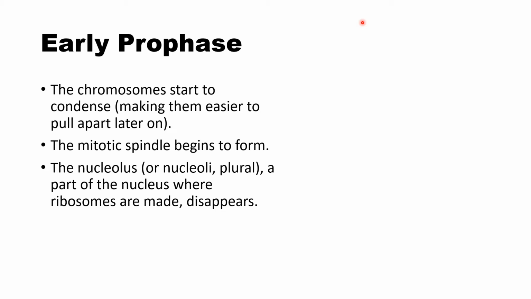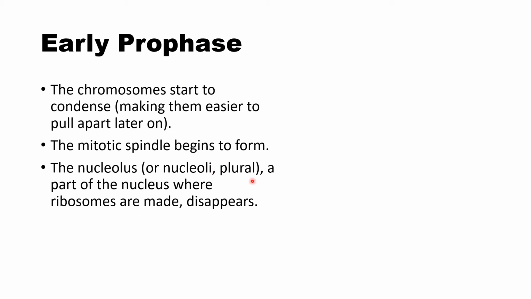So, another one is yung nucleolus or the nuclei. A part of the nucleus where ribosome are made disappears. So, itong part na to, nucleolus or yung nucleoli, it will disappear during the early prophase.